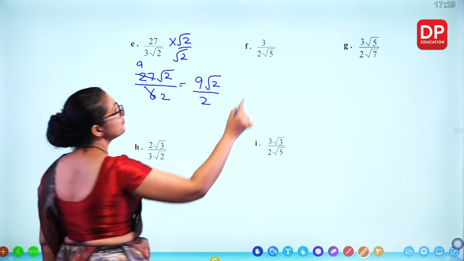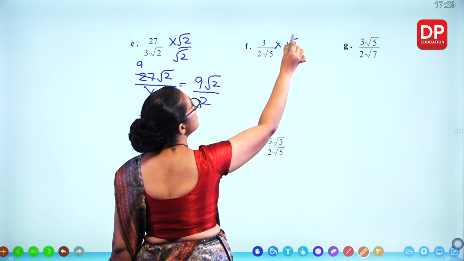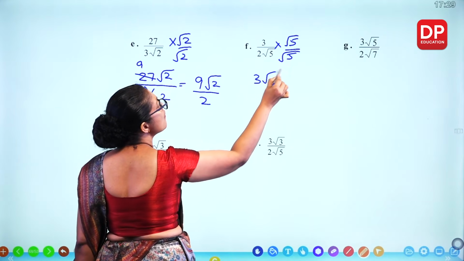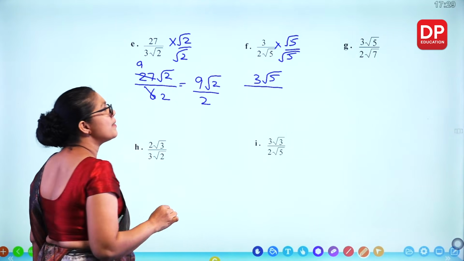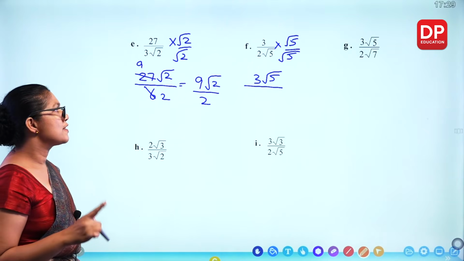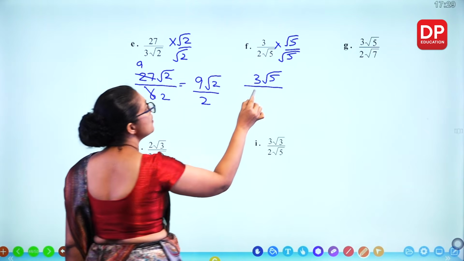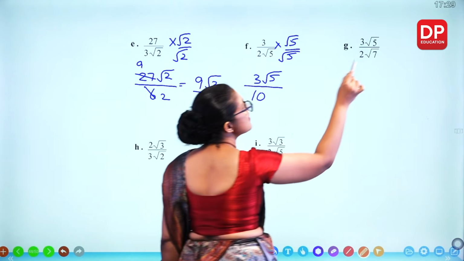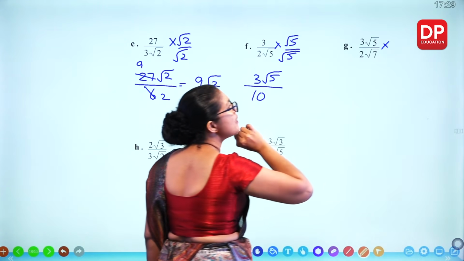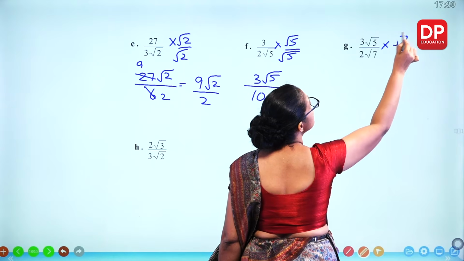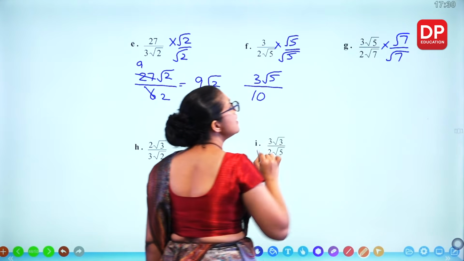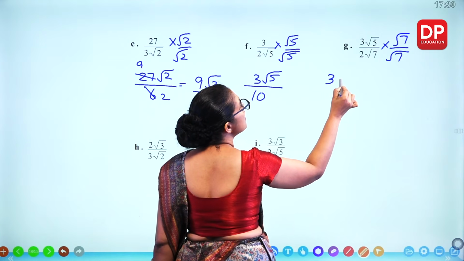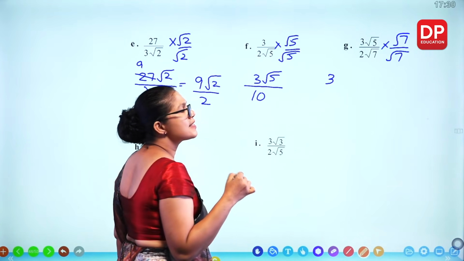This one I can multiply by root 5. Then what I get? 3 root 5 in the numerator. In the denominator I get root 5 times root 5 is 5. 5 times 2, 10. This one, the surd value in the denominator is root 7. So I multiply both the numerator and denominator by root 7. So what I get? 3 root 5 times root 7.